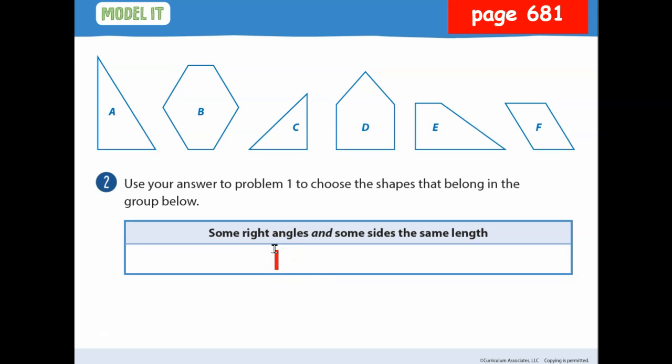C and D. That's the only two that have those two attributes, right? Some right angles and some sides that are the same length.